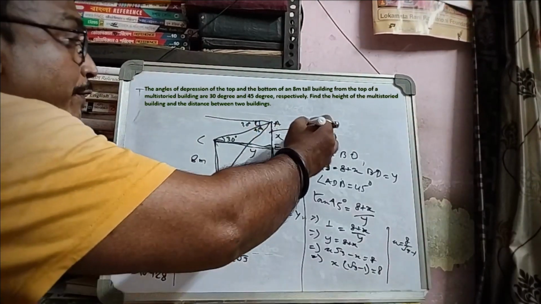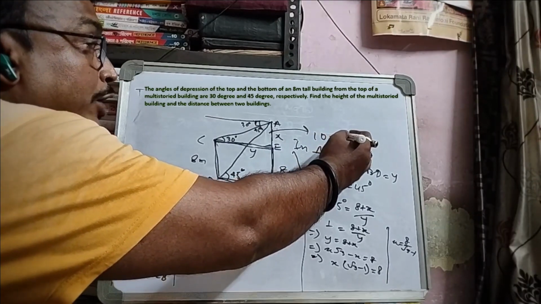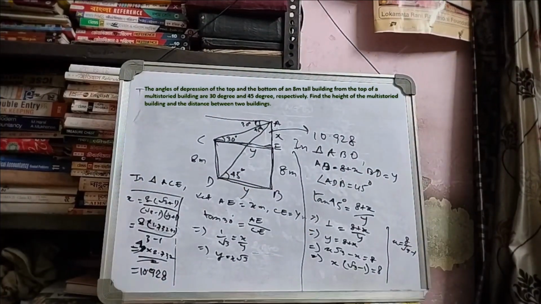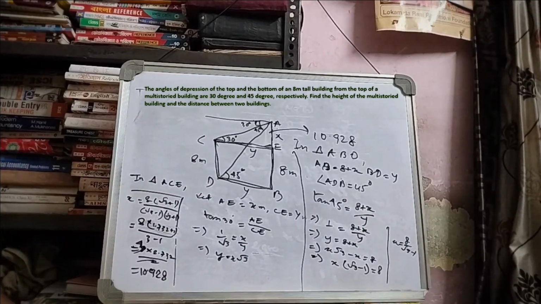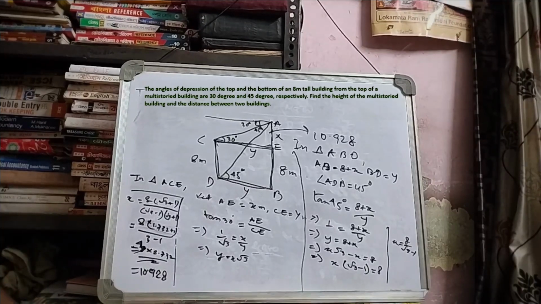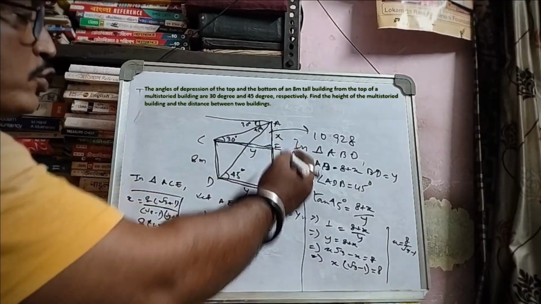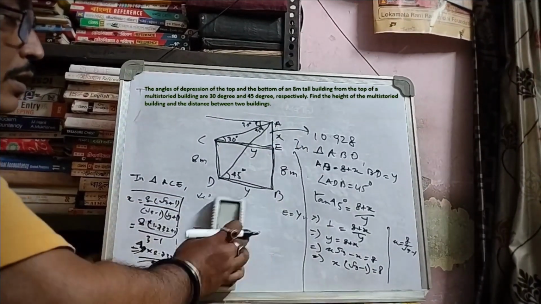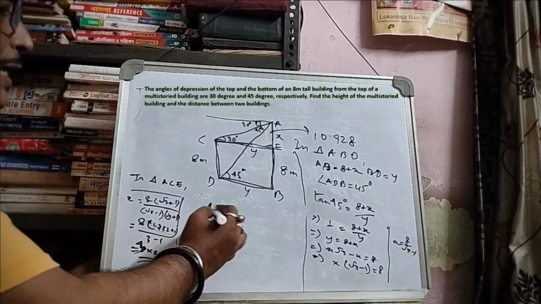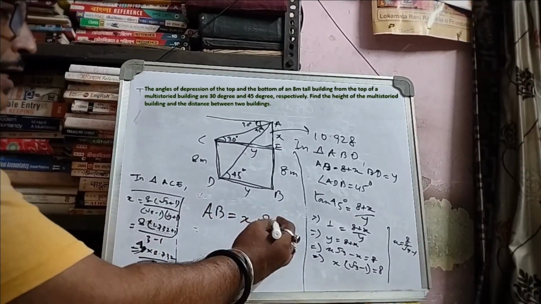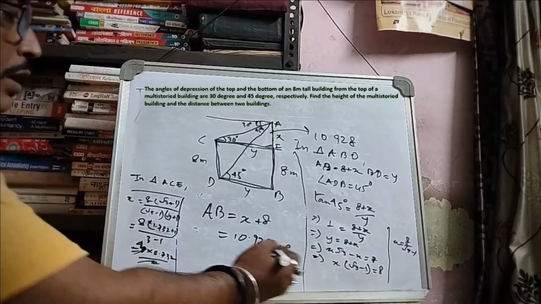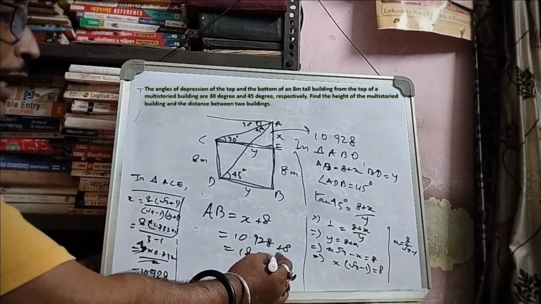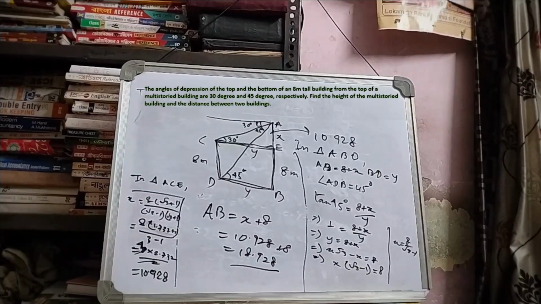This is the value of x, 10.928. But in our question, they have asked the height of the multi-storied building. The height of the multi-storied building means the value of AB, that is x plus 8. We have already got x as 10.928, so 18.928 is the height of the multi-storied building.